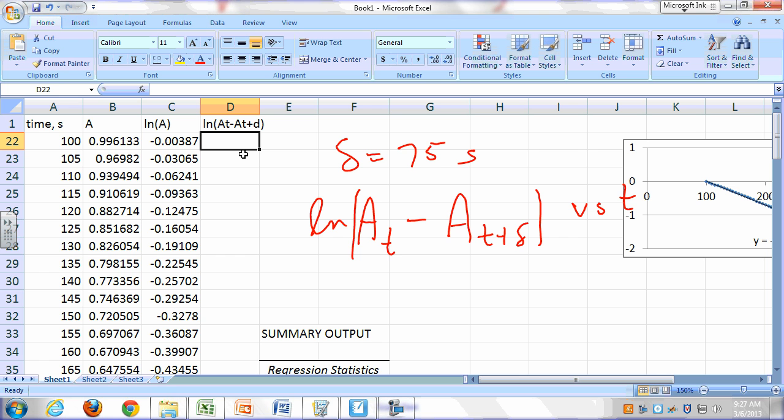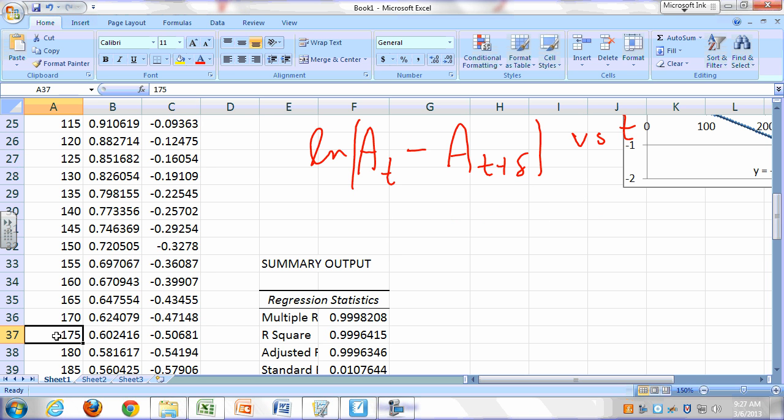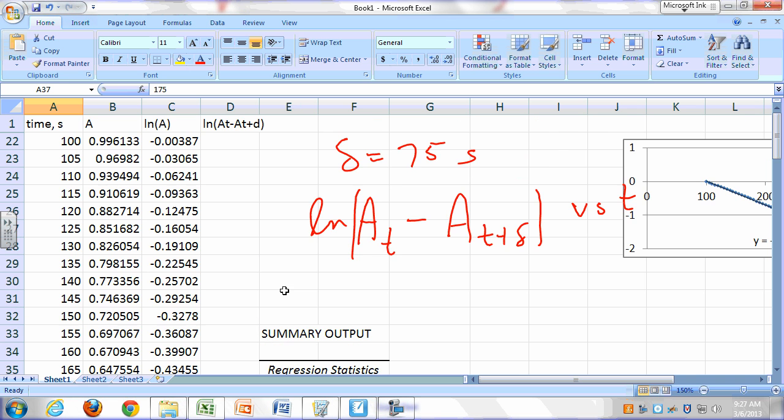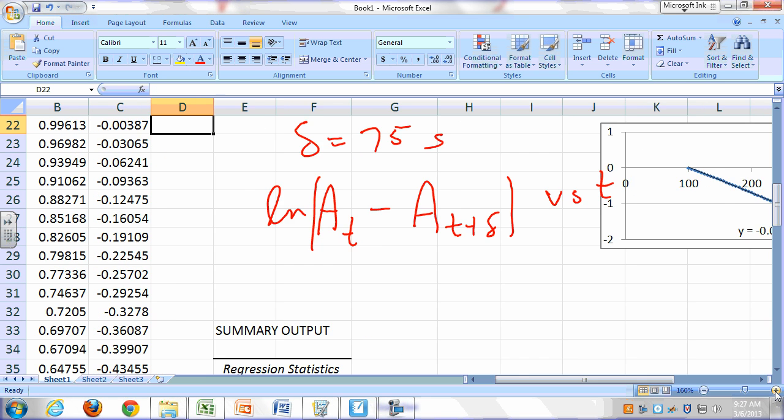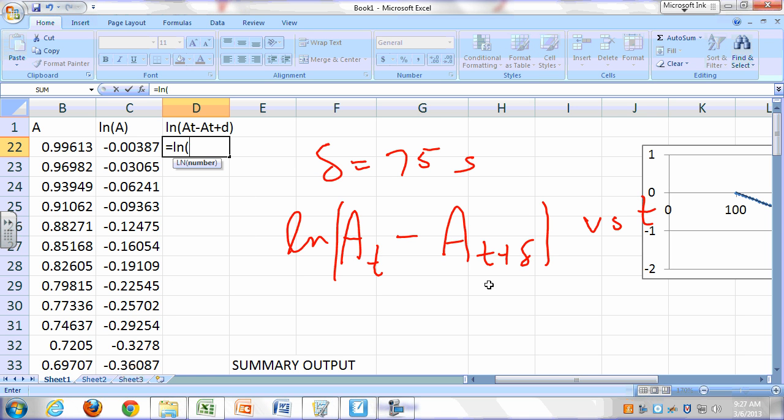So if t is 100 seconds, what is 100 plus delta? 175. So where is 175 seconds? It's down here, right? So this is going to be equal to ln of absorbance at time t, which is this one, right?